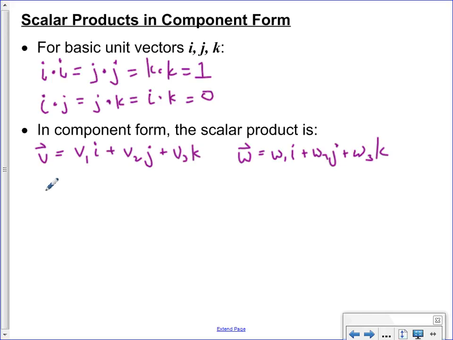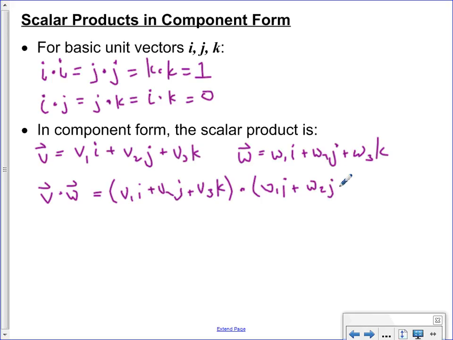If you take the dot product of v and w, you would get v1 i plus v2 j plus v3 k dot w1 i plus w2 j plus w3 k. It's kind of like multiplication, but you multiply the i's together, the j's together, and so on.